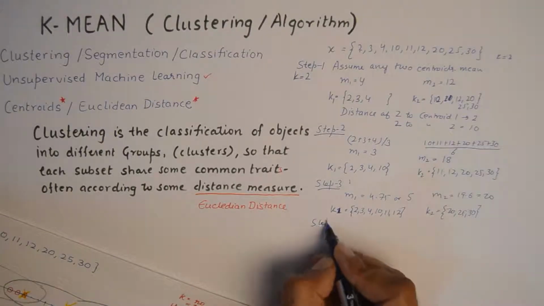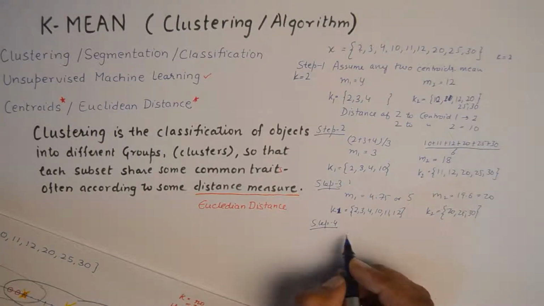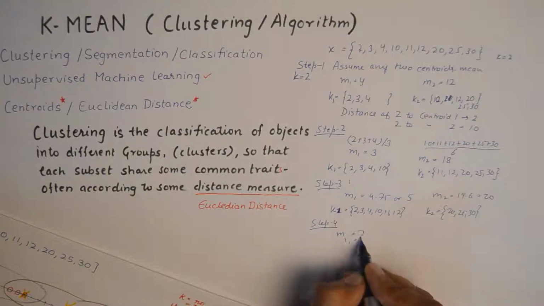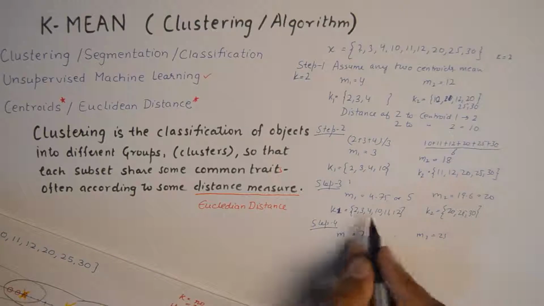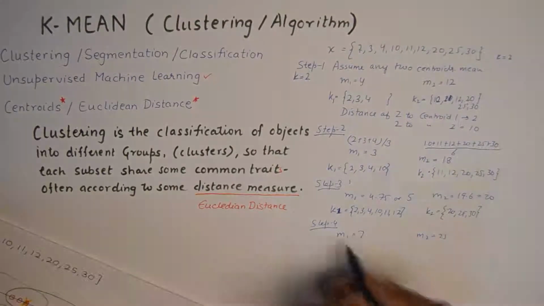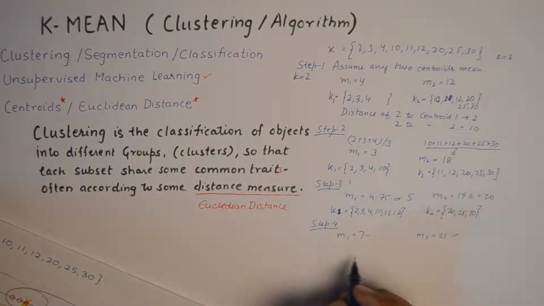And in step number 4, which is the next iteration, we again find the mean M1 is 7 and M2 to be equivalent to 25. Adding up and dividing by 3, adding up and dividing by 6 will give me 7 and 25.